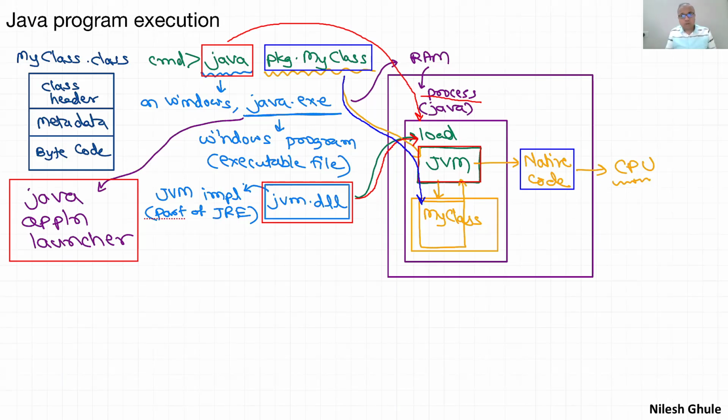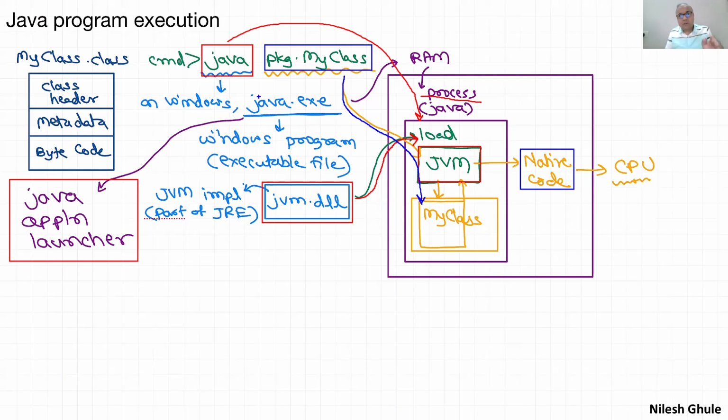Please make a note of how exactly JVM starts, because many people know how JVM internally works, but many people just forget how JVM comes into the picture. So I want to stress that point. I'm telling you once again that whenever you run java followed by the name of the .class file, the java.exe itself is a Windows executable.